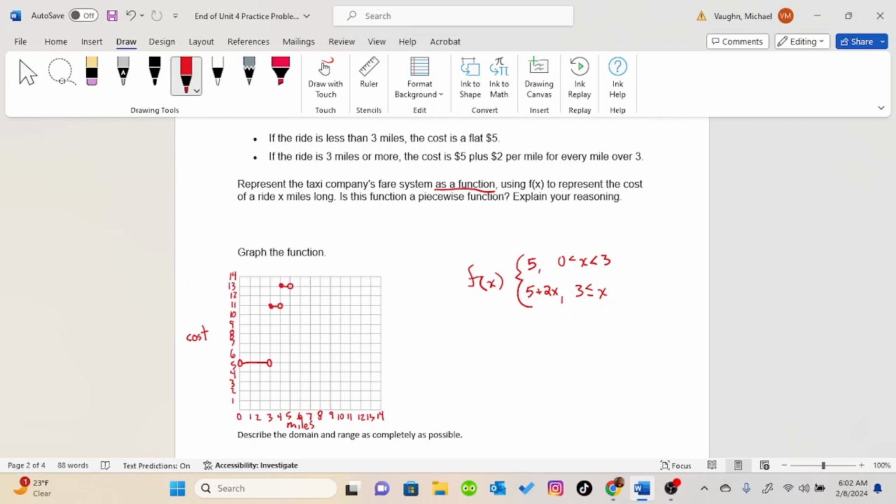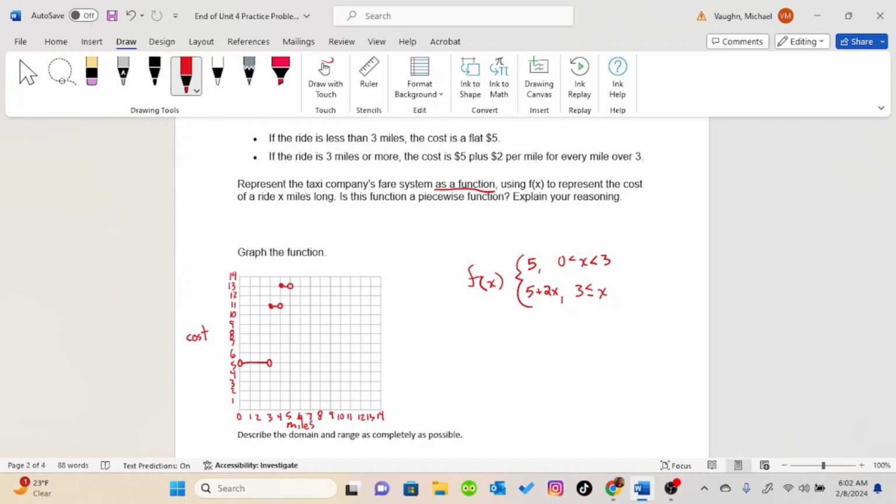Then from 3 miles to anywhere less than 4 miles would be $11. Then anywhere from 4 miles to less than 5 miles would be 13, and you would continue this pattern on.